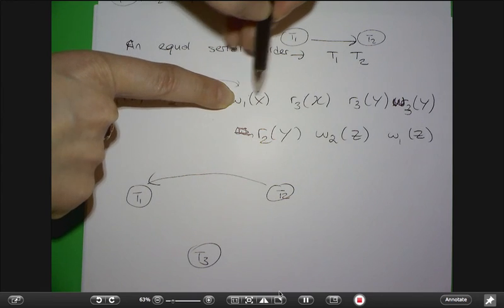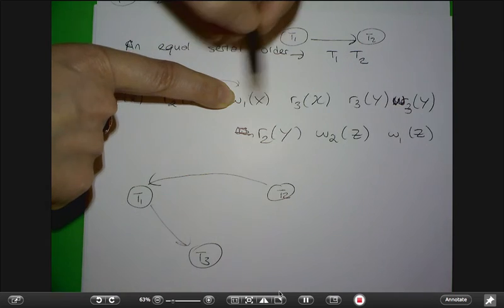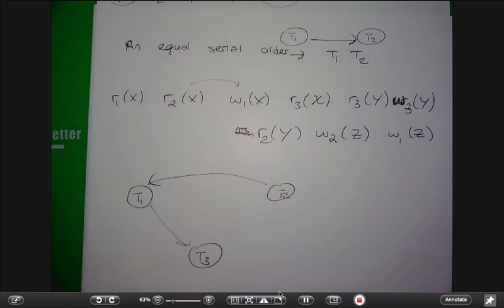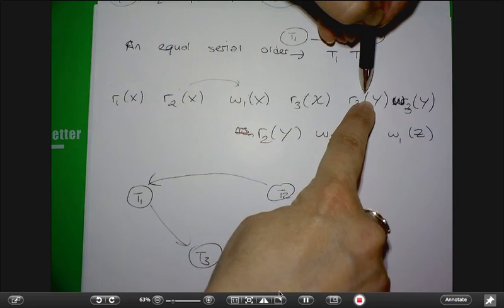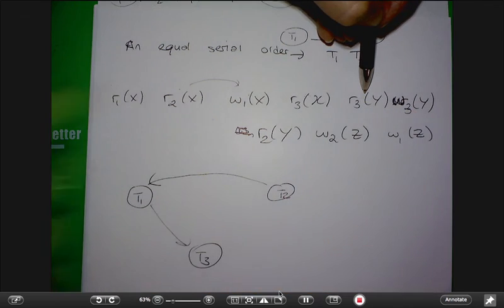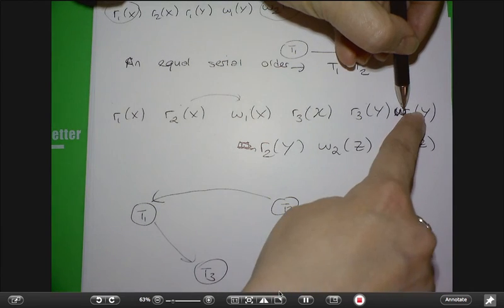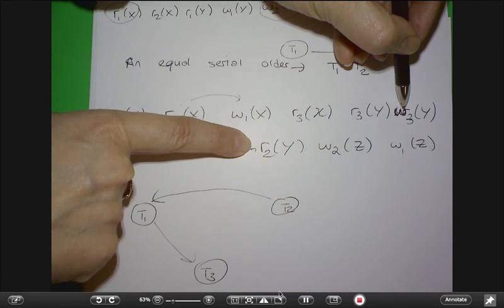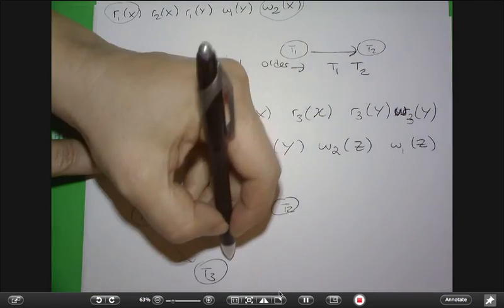W1 of x conflicts with 3, so that means 1 must come before 3. Okay. We are done with the x. Now I have R3 of y, which does not conflict with any of these. W3 of y conflicts with R2 of y, so that means 3 must come before 2.